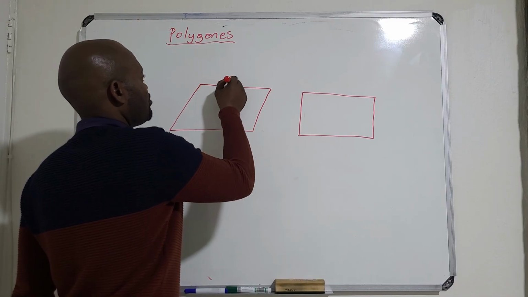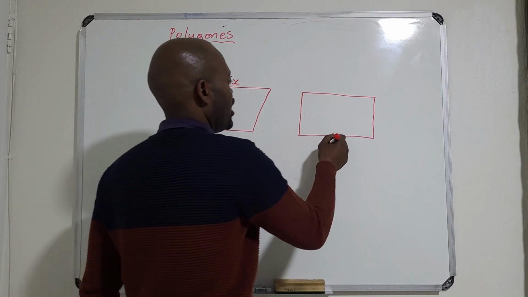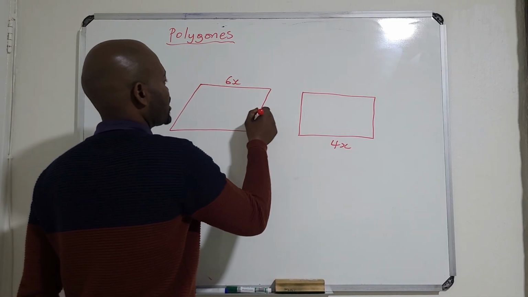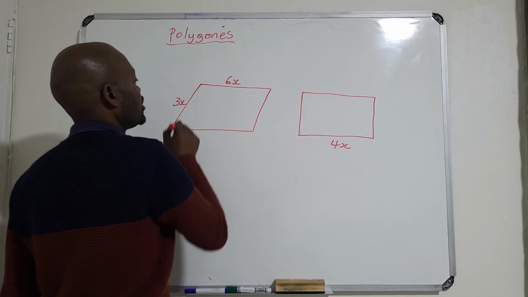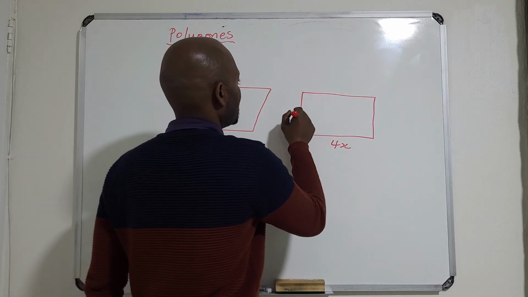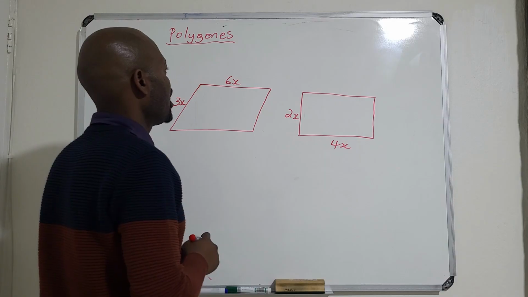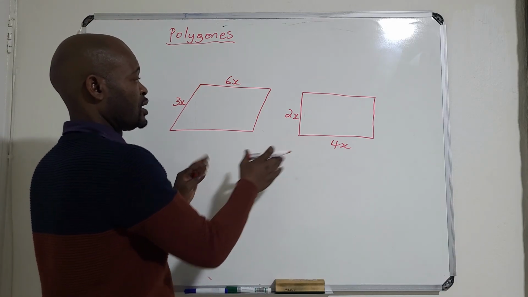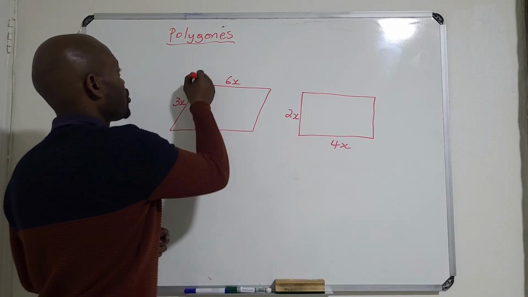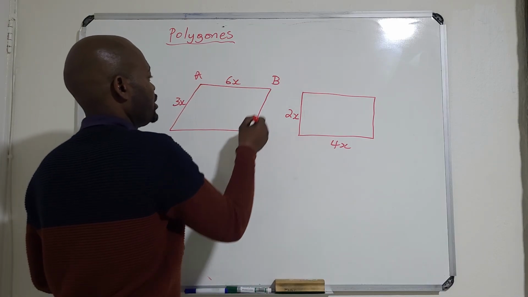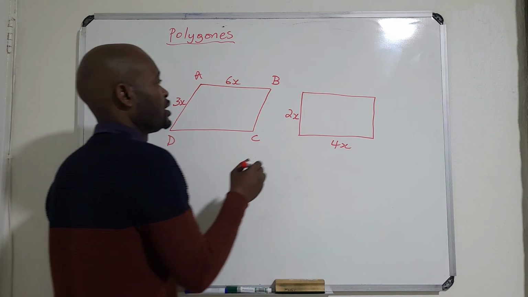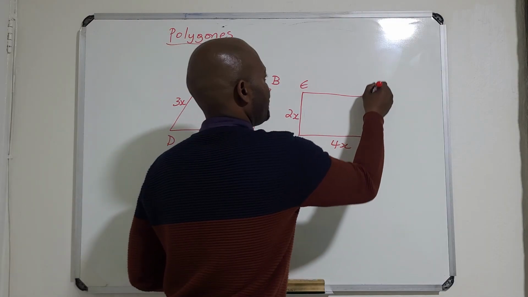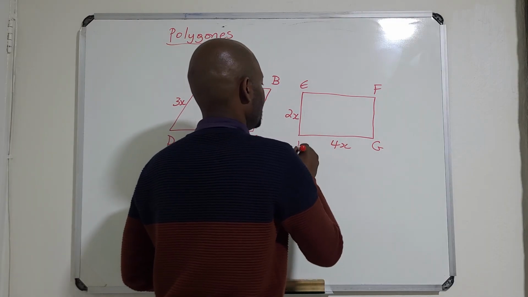For example, if I have 6x there, 4x there, 3x, and 2x there. Now we can see that the sides are in proportion, with polygon ABCD and polygon EFGH.